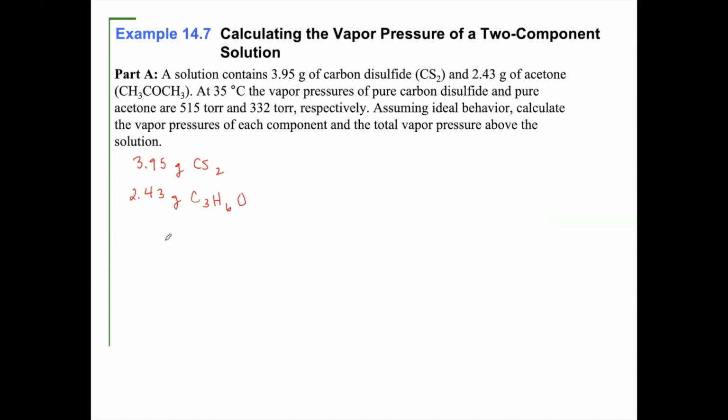And the pressure of pure carbon disulfide is 515 torr. The pressure of pure acetone is 332 torr.